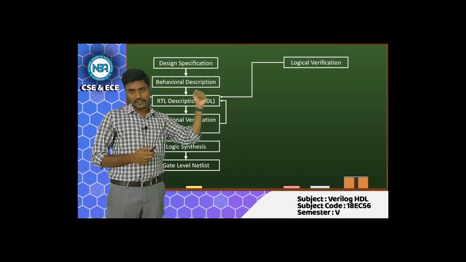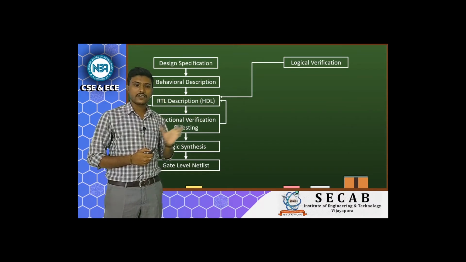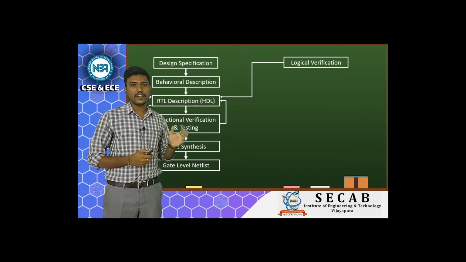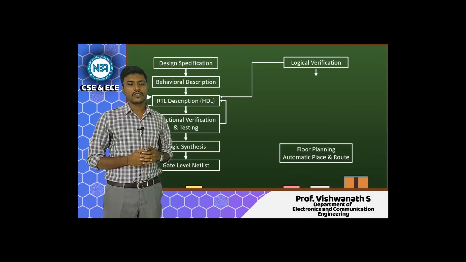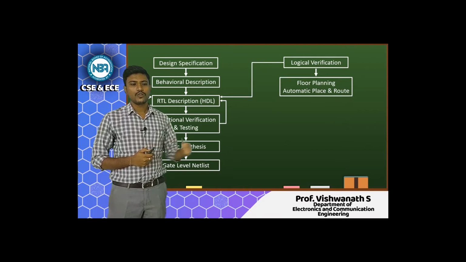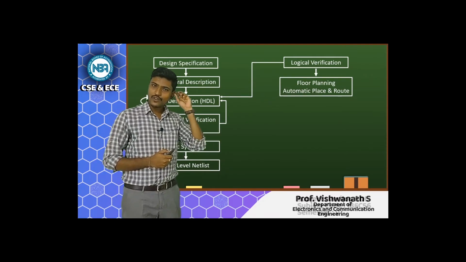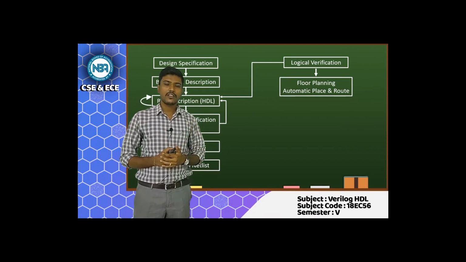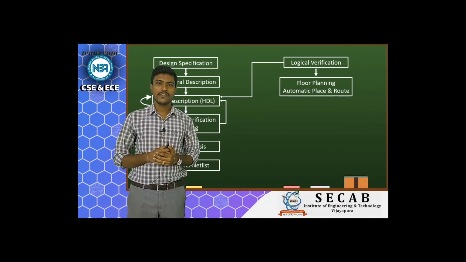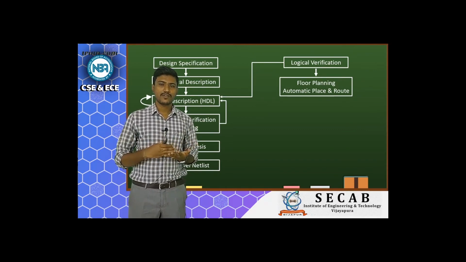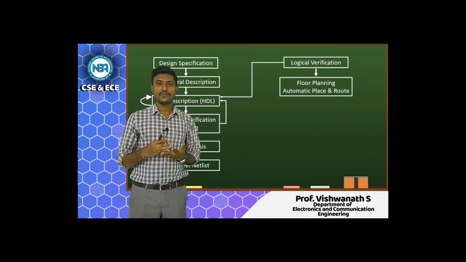Once your logical verification is 100% complete and we don't have any errors from that verification, we are going to do floor planning. In floor planning, we'll have different types of AND gates, OR gates, flip-flops and multiplexers and all these things.